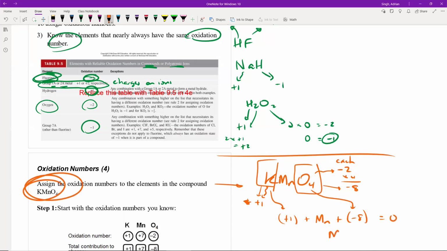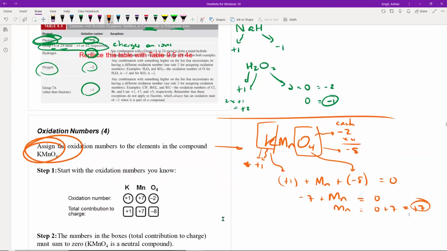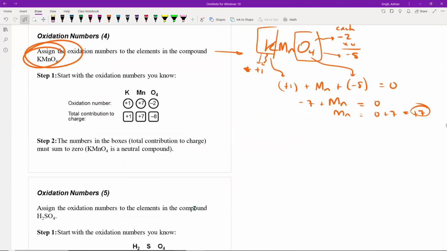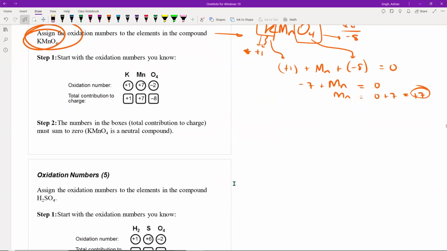So I move everything else over to the other side. +1 minus 8 would be -7, plus Mn gives me 0. So the Mn would be 0 plus 7, which would be +7. So we can calculate the oxidation numbers just by following those rules.